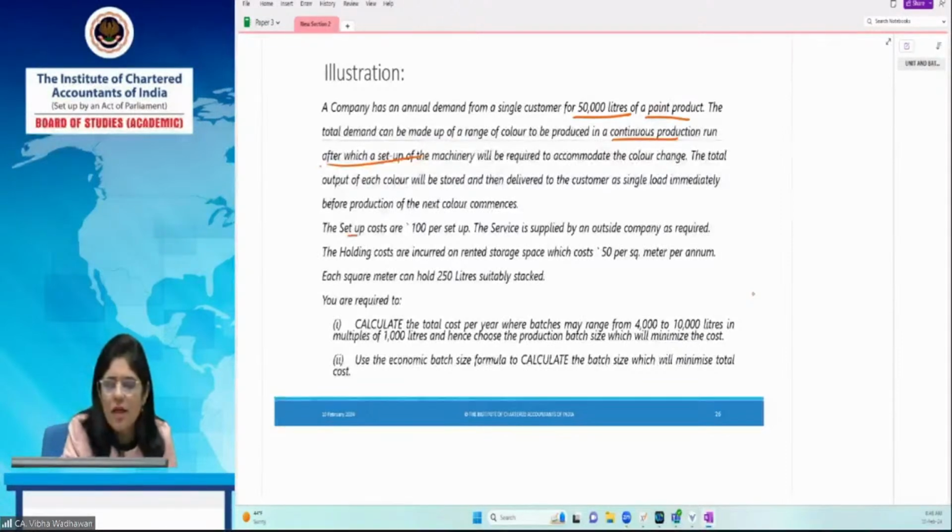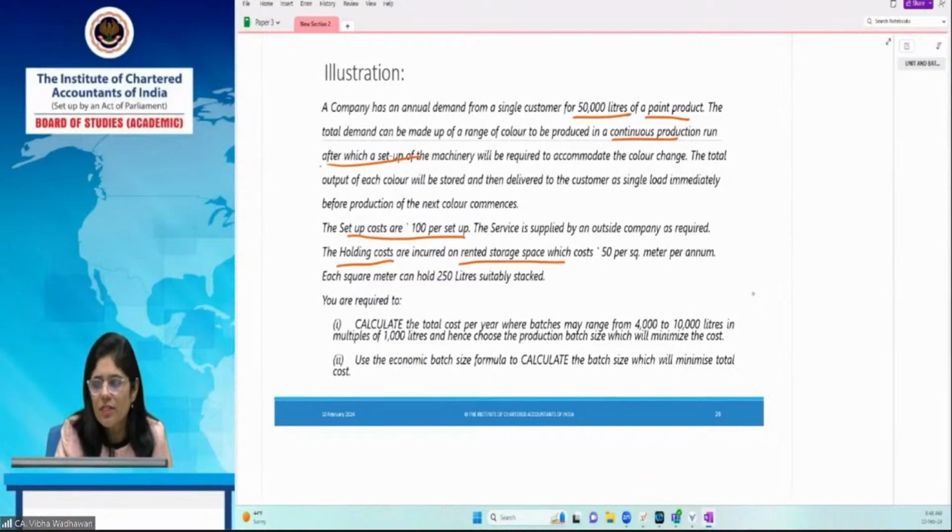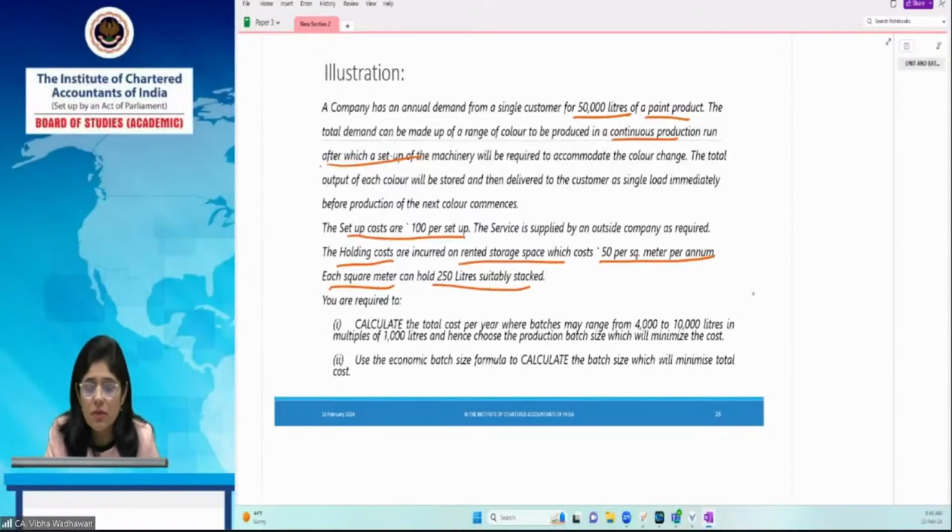Setup cost is 100 per setup. The service is supplied by an outside company as required. So the setup is done by the outside company. The holding costs are incurred on rented storage space, which is 50 per square meter per annum. Each square meter can hold 250 liters. So the rent is 50 per square meter per annum, and in that area, 250 liters can be stored.